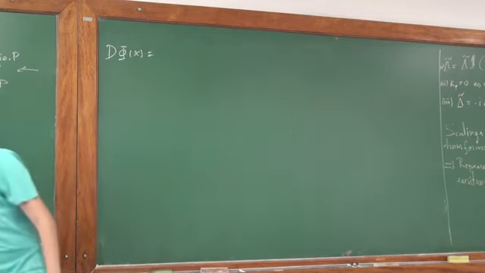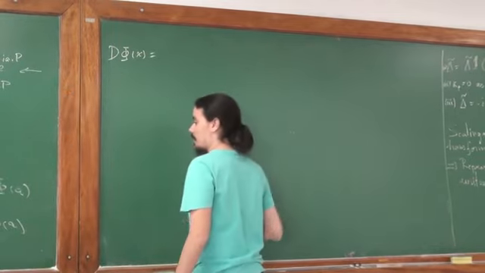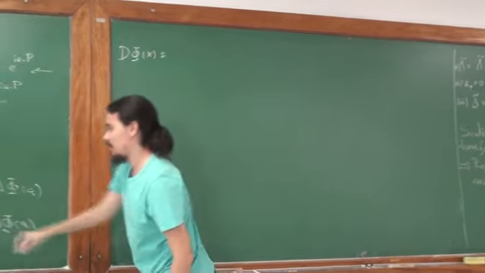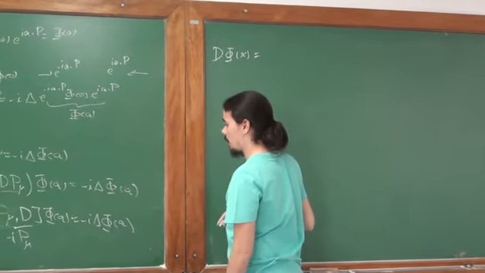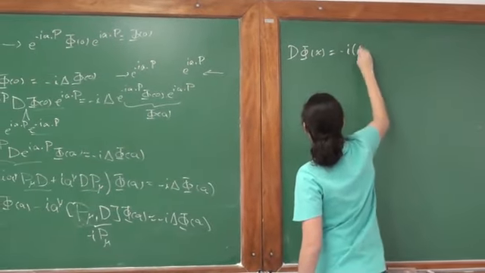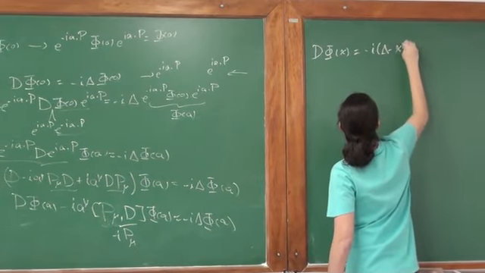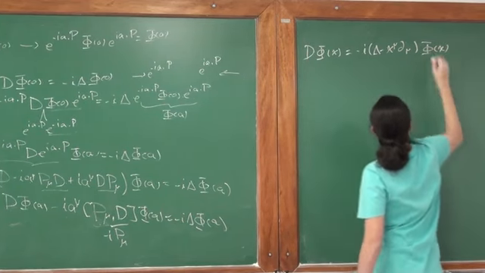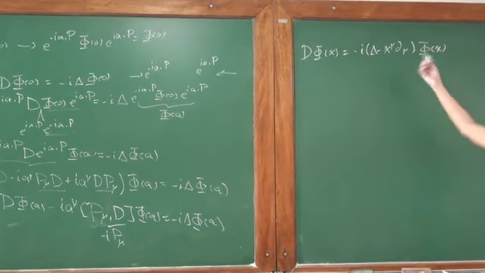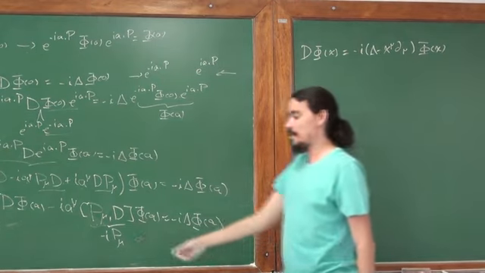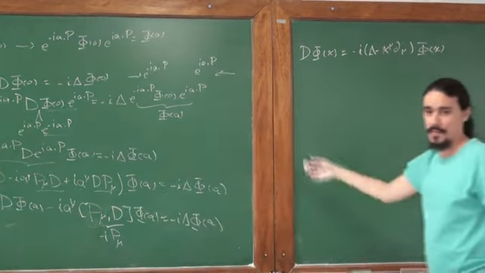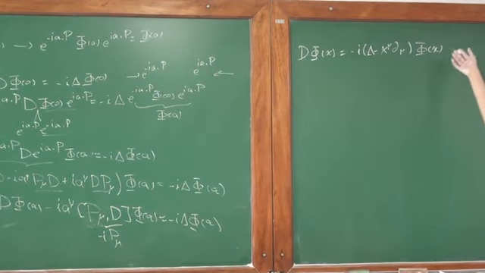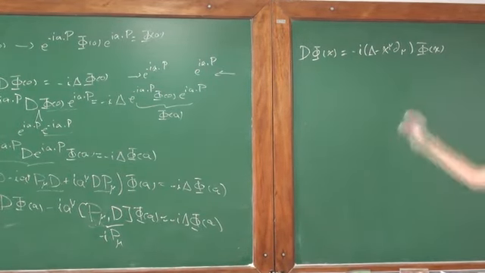We end up with this guy sitting here, this guy you bring over to the other side. You factor this minus i there. We end up with this. And I explicitly use the momentum operator as represented by minus i partial mu.